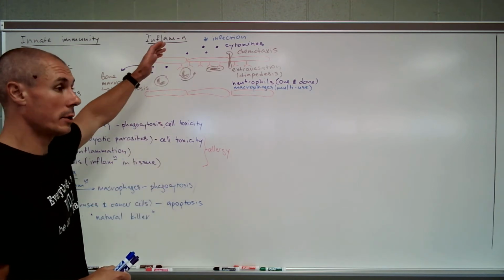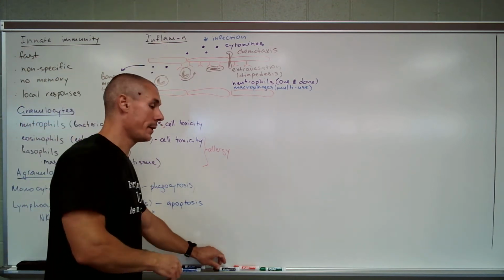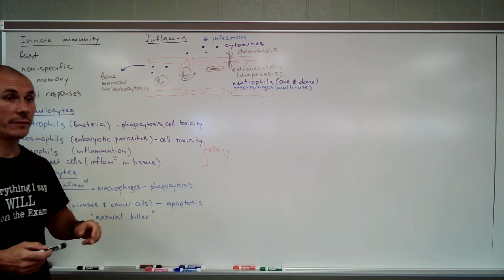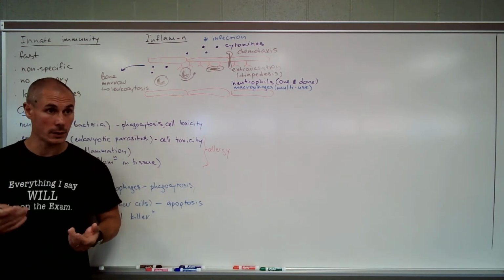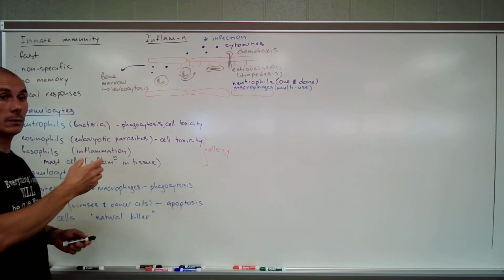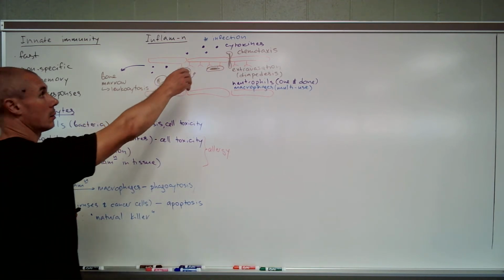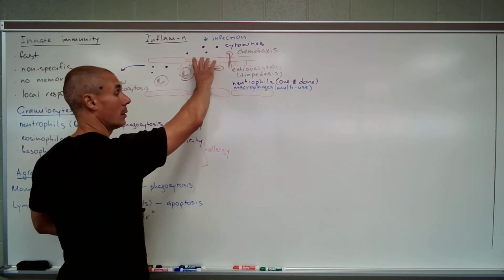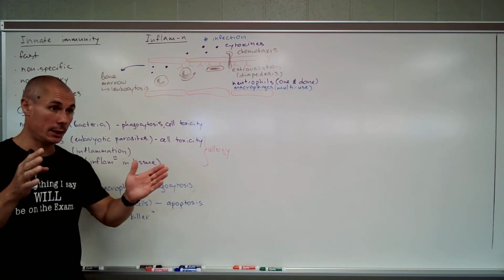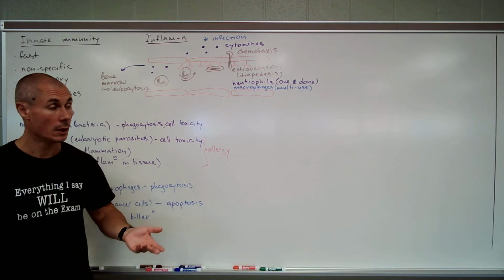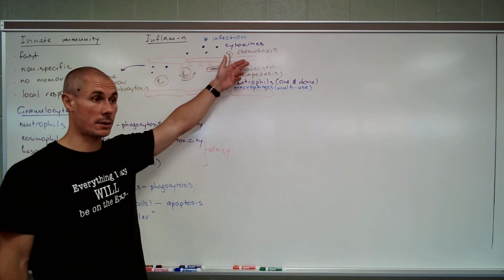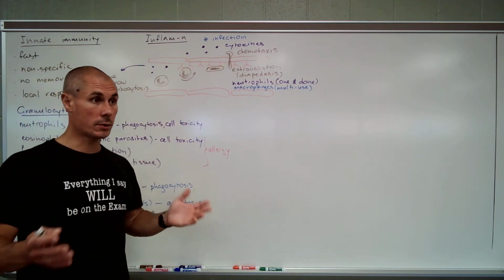Now, if you look at all these different events, they eventually lead to 4 classic signs of inflammation. First of all, when cytokines are released, the vessels dilate to increase the blood flow to the injured site. And the permeability of the vascular wall increases.